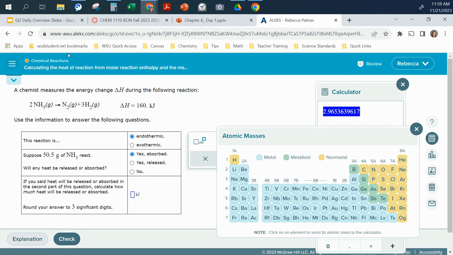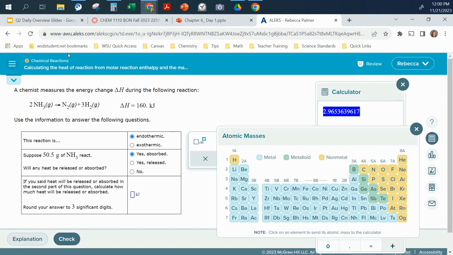Okay, so this is telling us that for every 2 moles of ammonia, we need 160 kilojoules, because energy is going in, absorbed. So let's take this number, which is how many moles of ammonia.